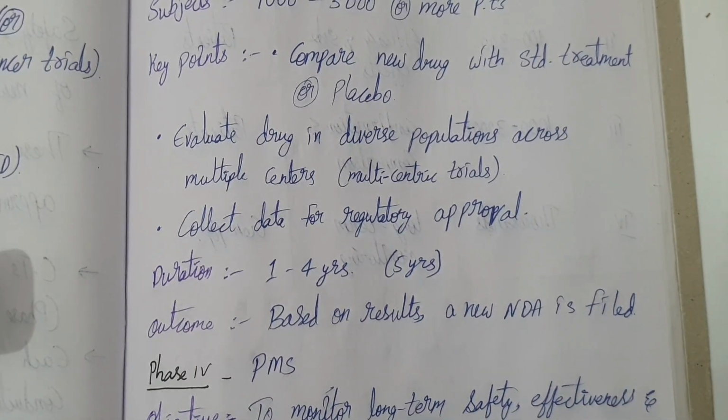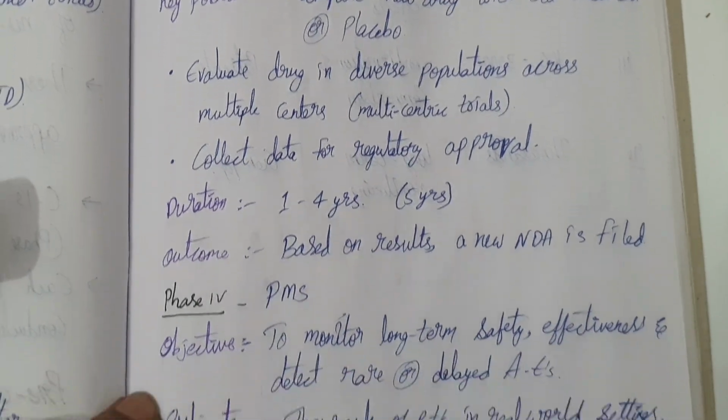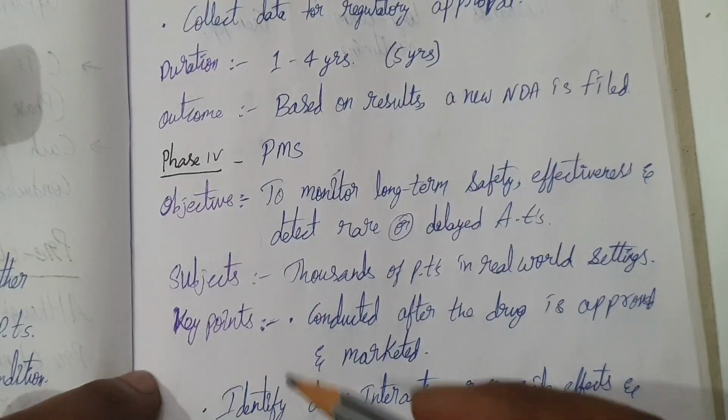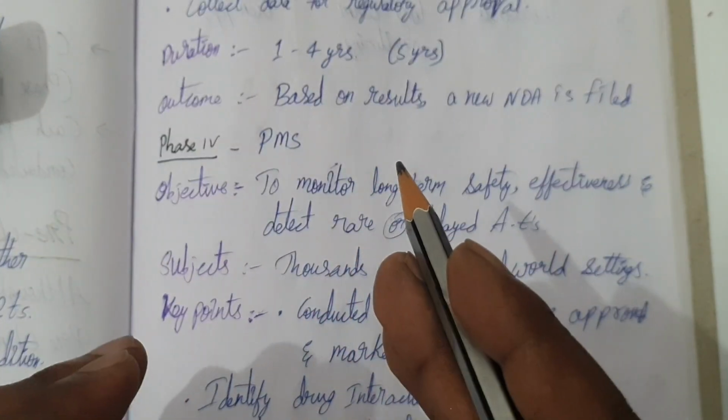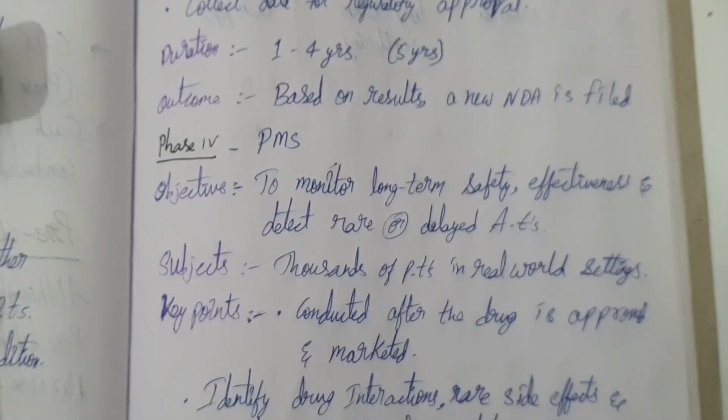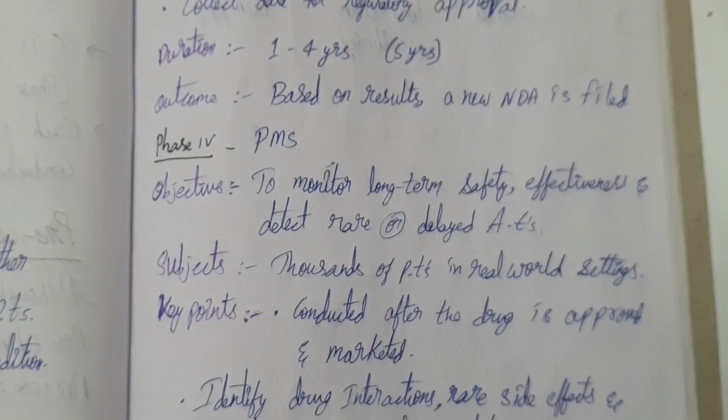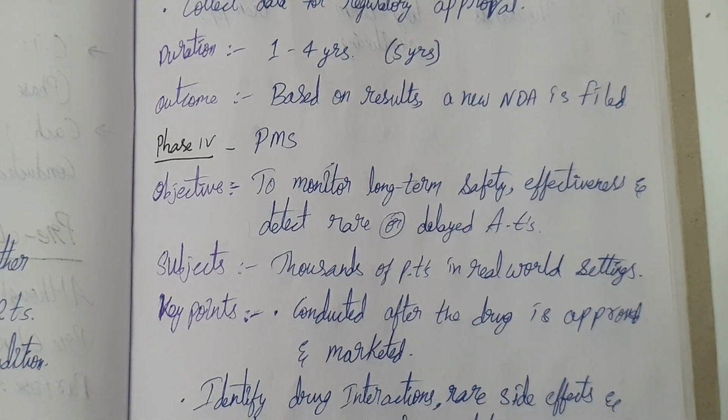Moving on to phase 4, which is known as PMS, post marketing surveillance. Now when the drug has been released onto the market, even though it is safe, we have to monitor its side effects and adverse effects while it is on the market.